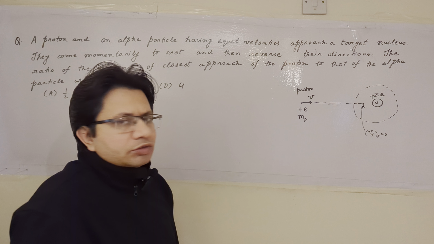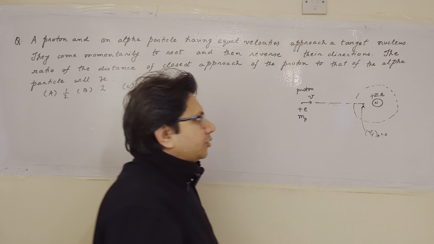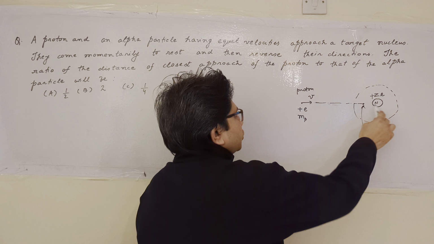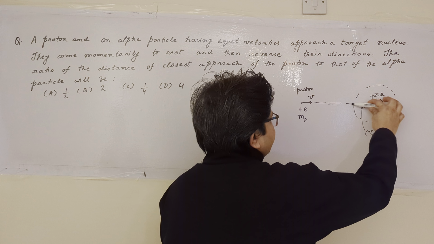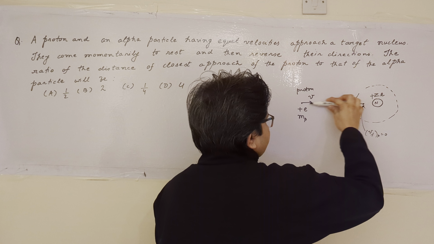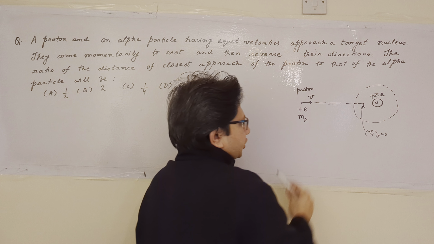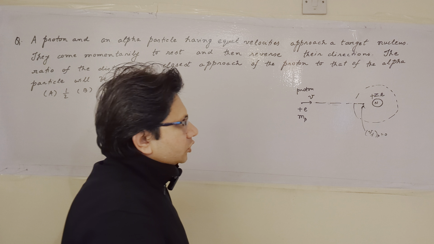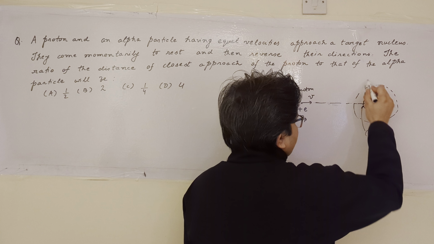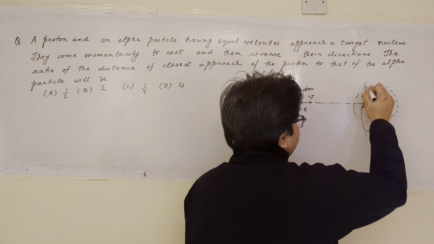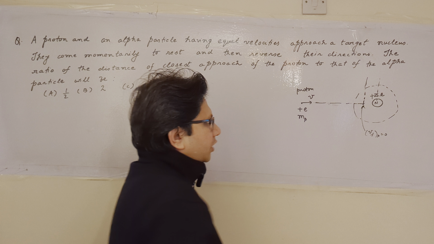So, when the final velocity of the proton becomes zero, momentarily, the force of repulsion still exists. So, it reverses its path and goes in the same path but in the reverse direction. So this is the particular case. Now we have to find out the ratio of the distance of closest approach of proton and the alpha particle.